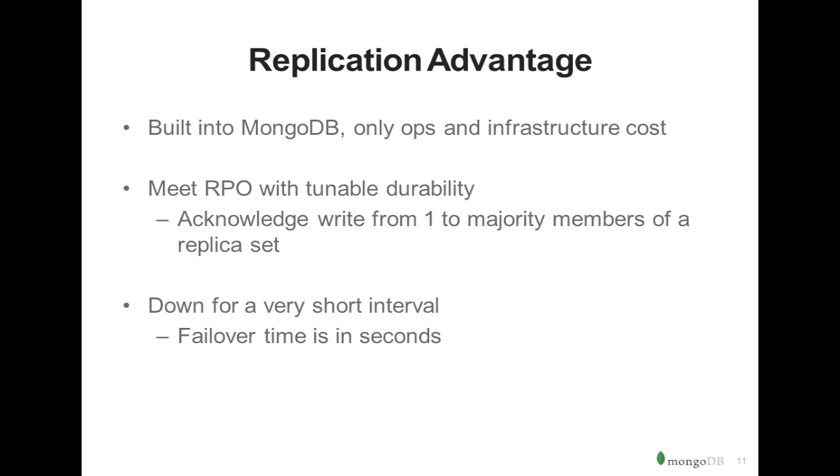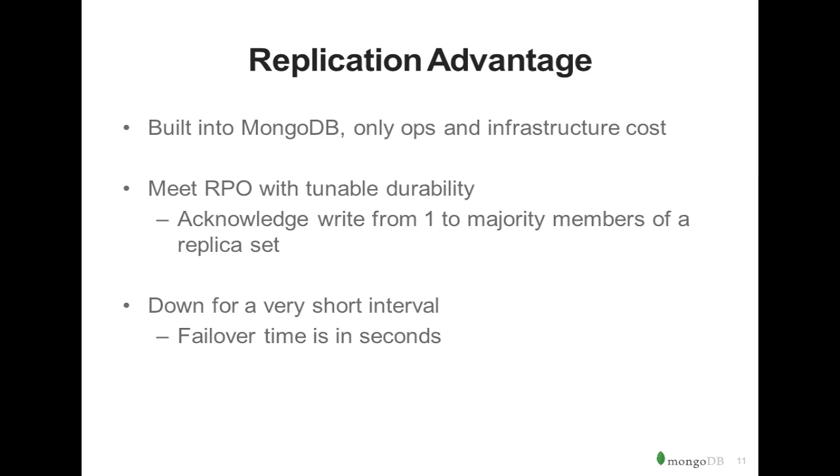So you can meet your RPO goals, make sure data is written on one node, two nodes, or a majority of your replica set members, and your recovery time objective in the event of failures, whether it's server, rack, or data center, is typically in seconds, driven chiefly by your workload and network latencies, right? And for these failovers, there is no need for manual intervention. It's all done based on your configuration.